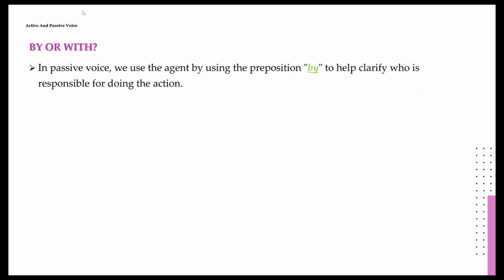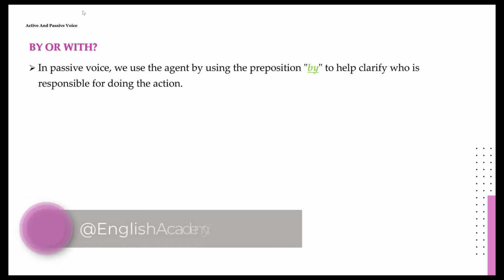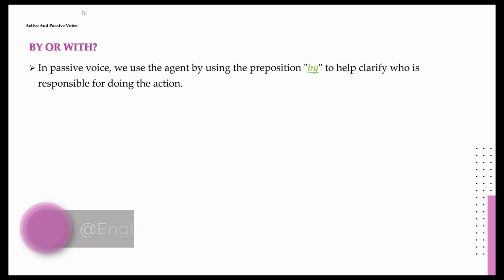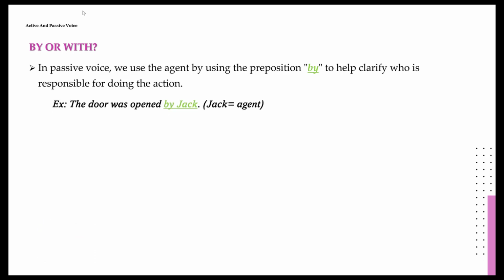In the passive voice sentence, you may ask a question, which one is appropriate for our sentence? By or with, which preposition? In the passive voice, we introduce the agent by using the preposition by to help clarify who is responsible for doing the action. For example, the door was opened by Jack.